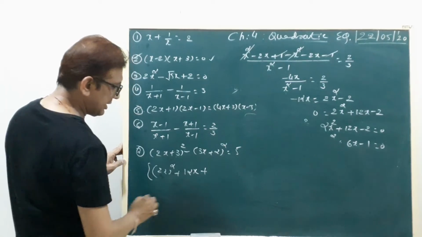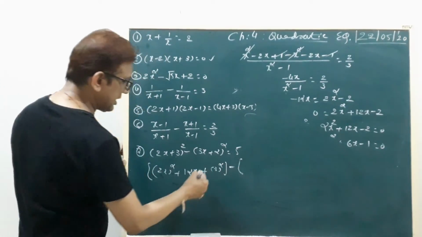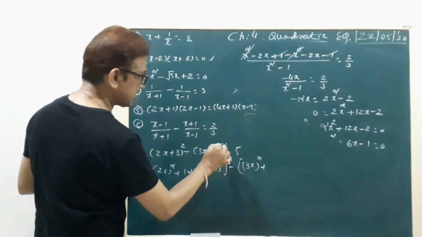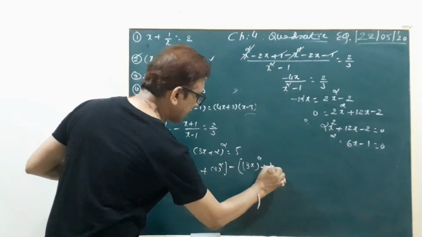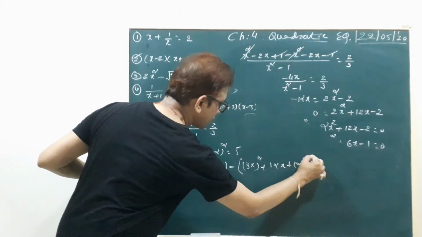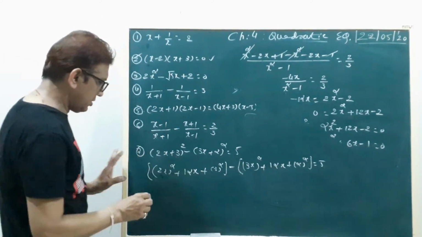Right? And here 3 square. Same here: first term square, plus 2 3s are 6, 6 2s are 12x, and second term square. This one equal to 5, 5, 6, any number. Okay.